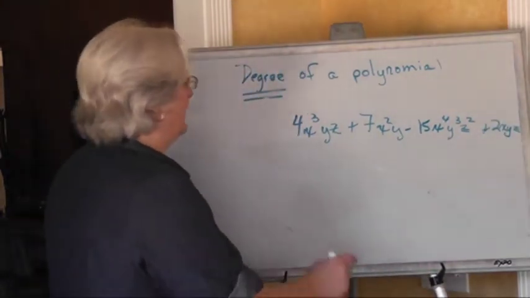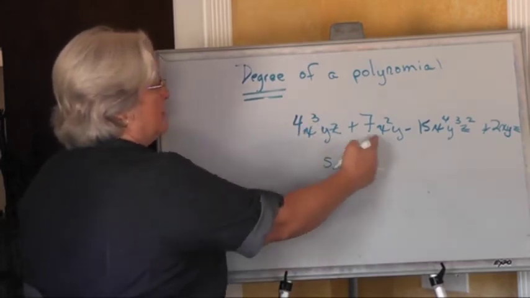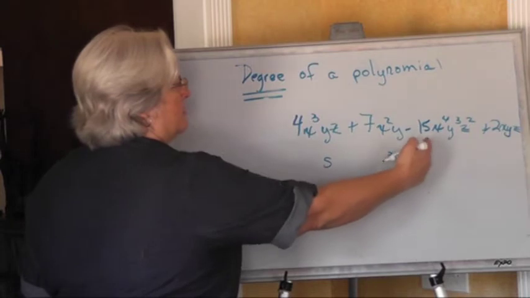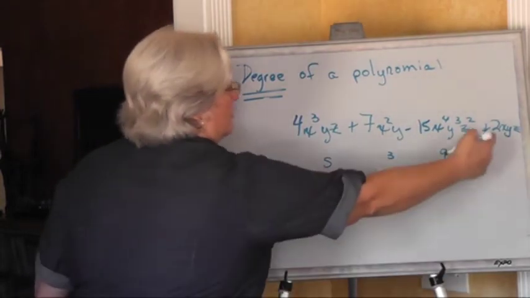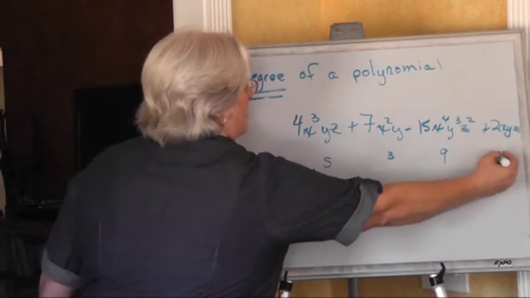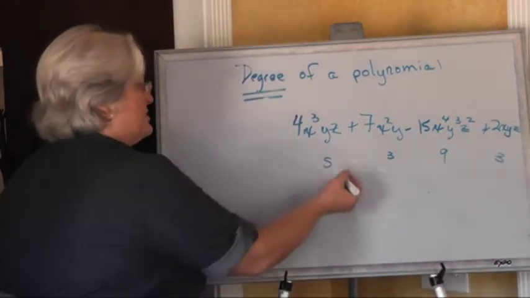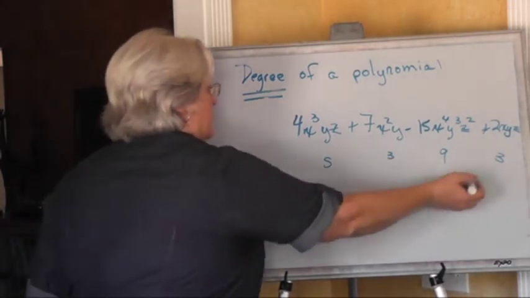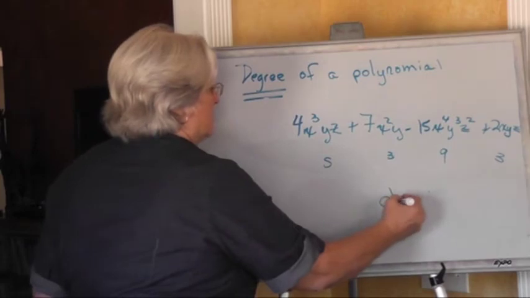Let's see what degree we have. We have 3 plus 1 plus 1, so that's degree 5. 2 plus 1, degree 3. 4 plus 3 is 7, plus 2 is degree 9. 1 plus 2 plus 3. So what degree is this polynomial? Do we just say 5 plus 3 plus 3 is 11 plus 9 is degree 20? Is that what our degree is?